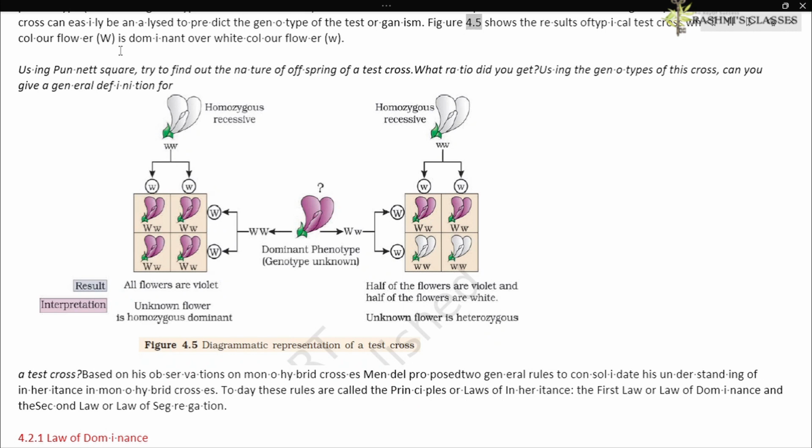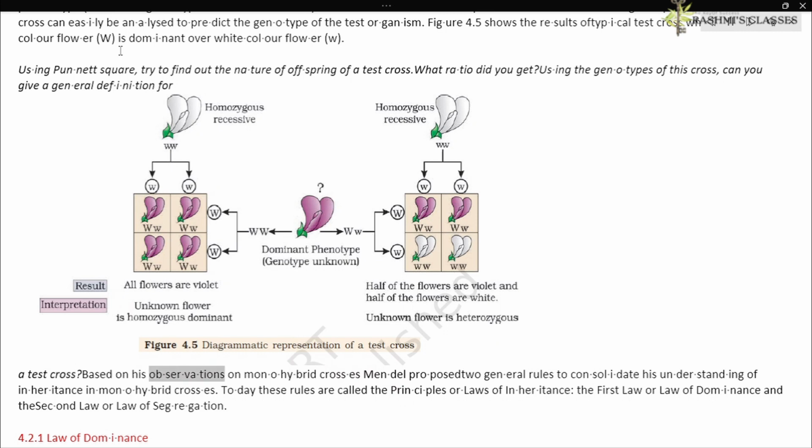Figure 4.5 shows the results of a typical test cross where violet color flower, W, is dominant over white color flower, w. Using a Punnett square, try to find out the nature of offspring of a test cross. What ratio did you get, using the genotypes of this cross? Can you give a general definition for a test cross?